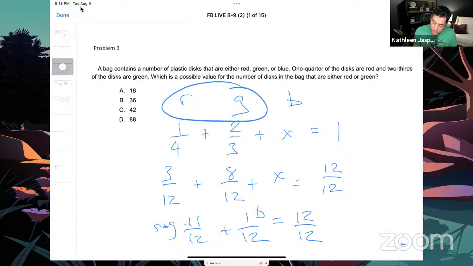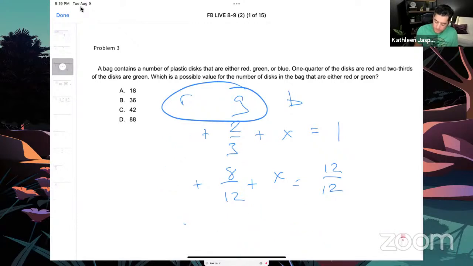It's asking me for how many are red or green. And here are my totals here. So let me show you how to get that, so you understand how I got the 11/12. If not, you can check it back on the replay. I'm just going to erase this so you can see my red, green, and blue.